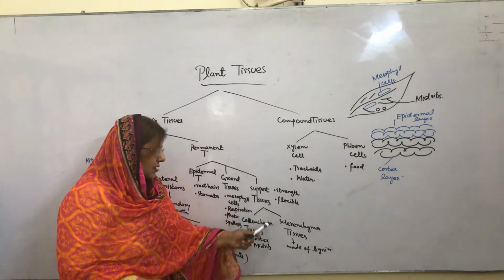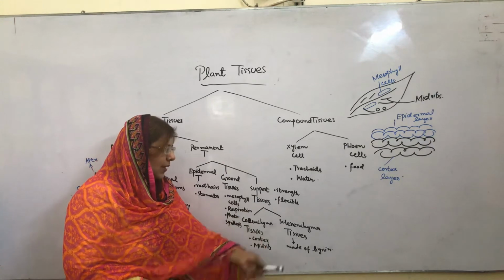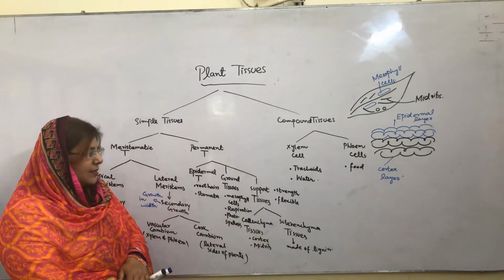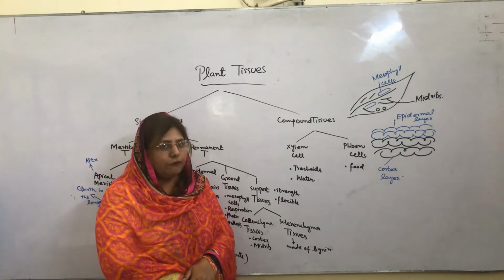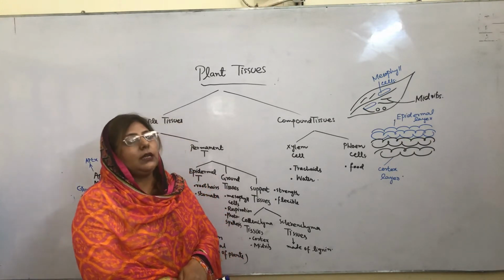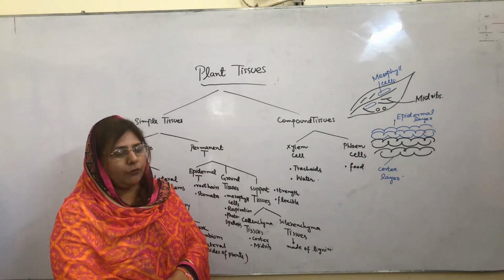The second part of support tissue is sclerenchyma tissue. Sclerenchyma tissues are very important. They are found in wood, and we also studied this at the start of chapter number 4.